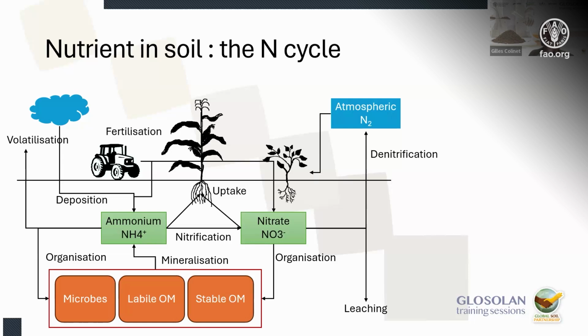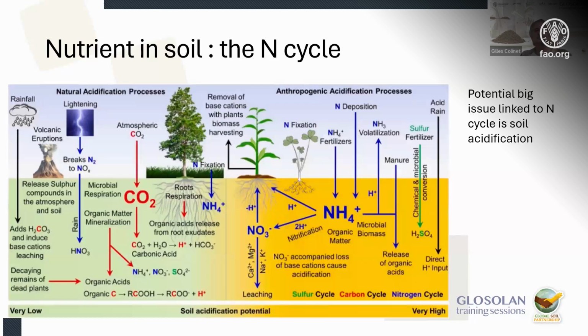So the nitrogen cycle is important. Also, there might be potential big issues linked to the nitrogen cycle, and one is that you should be aware that there can be an acidification process.